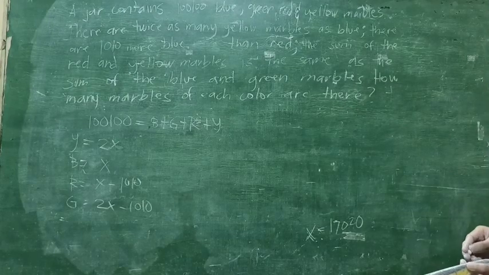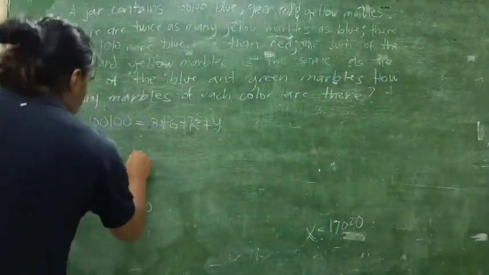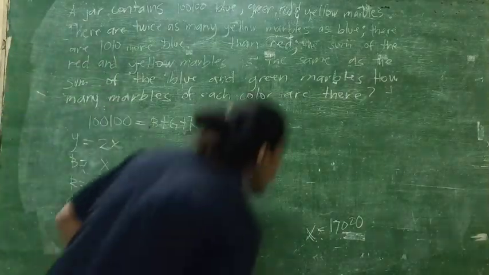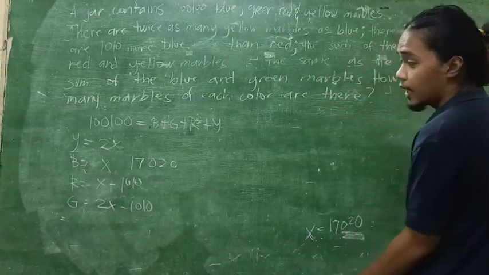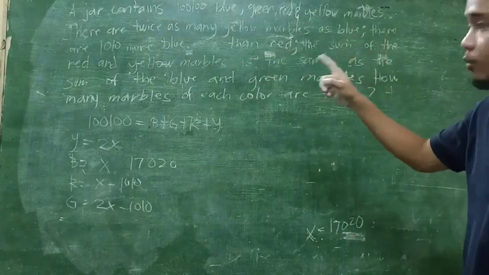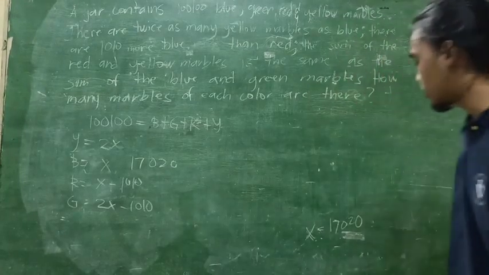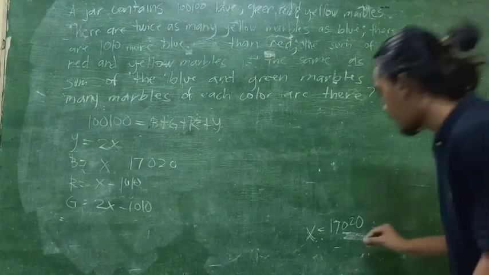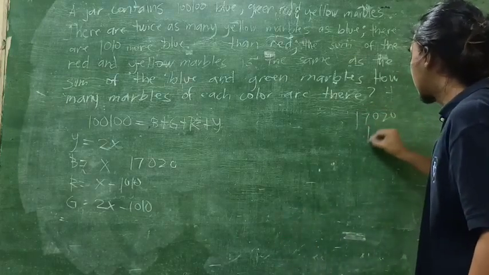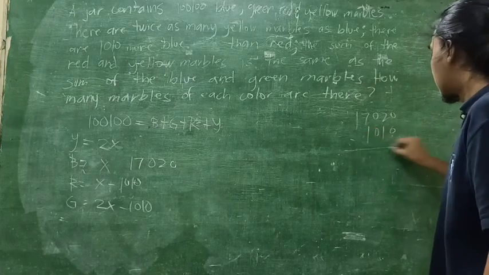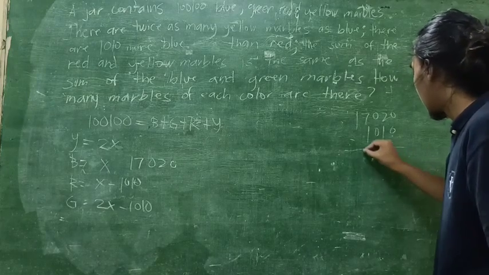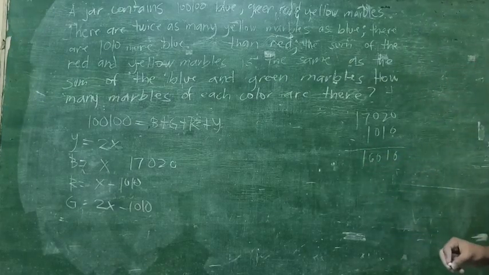So we have our blue, which is 17,020. Okay. It is said that blue is 1,010 more than red. So here we just simply subtract 1,010 from the x. So 17,020 minus 1,010 is 16,010. So there we have it.